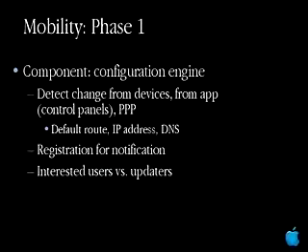We're building a plug-in architecture so we can extend it dynamically. It detects changes from devices by waiting for events. It can detect changes based on action from applications like the control panel. And system components like PPP can notify it when something changes. For example, a link comes up or a link goes down.